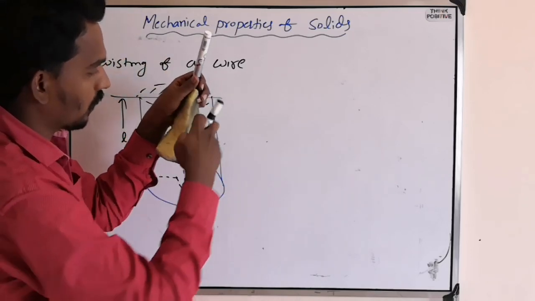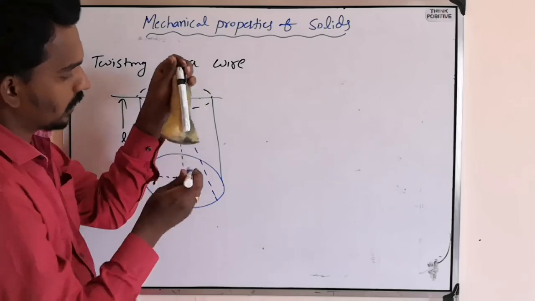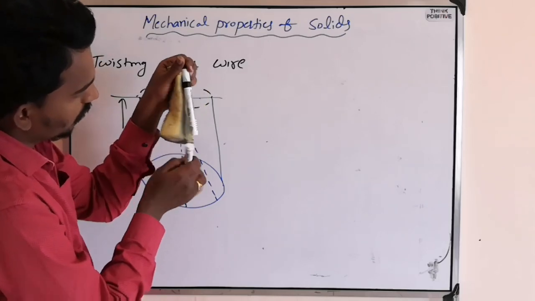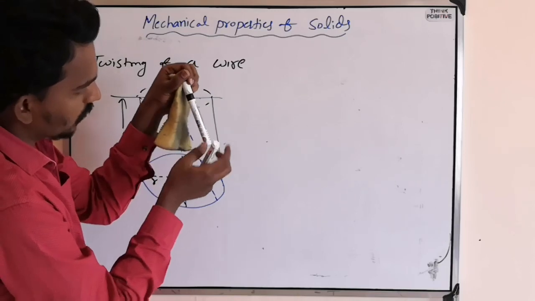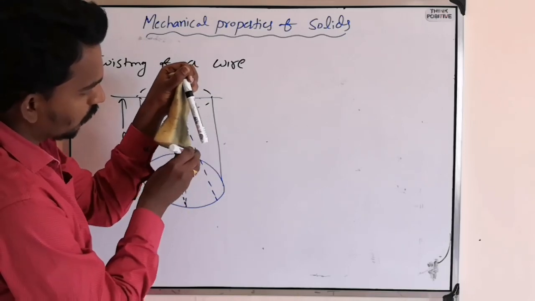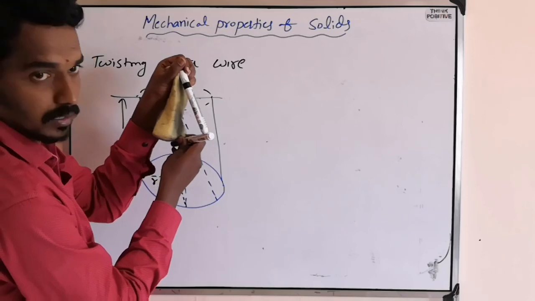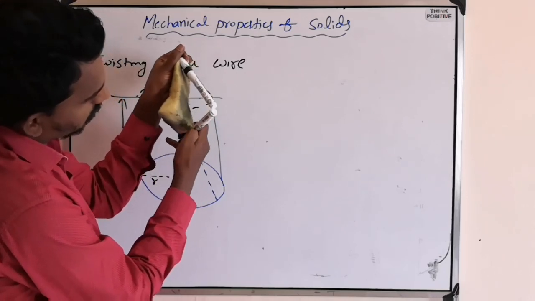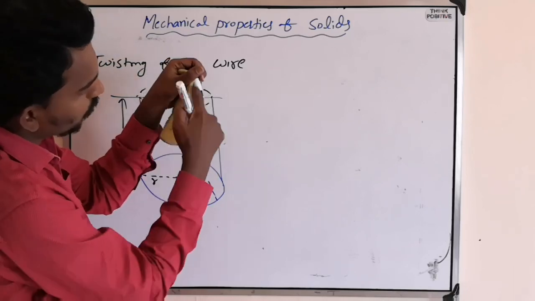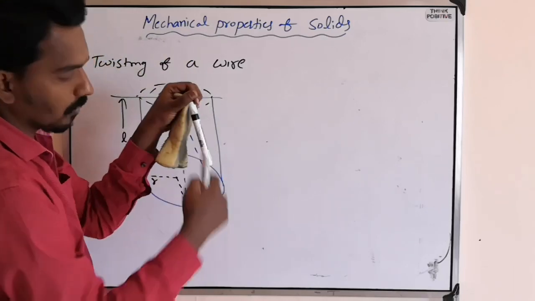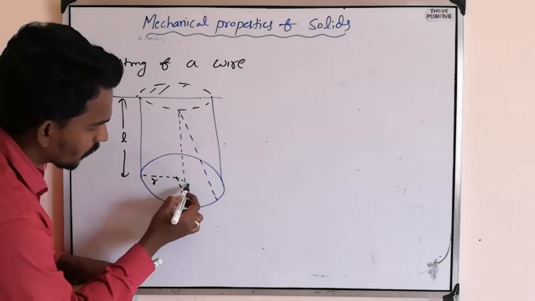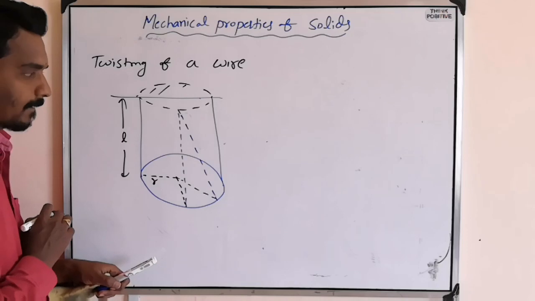So when you twist like this, this will go to this place and this will go to this place. Here is one sector at the bottom, and here one sector along the surface, so that here also one sector will come.